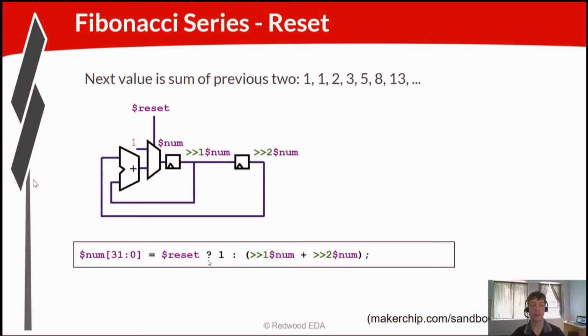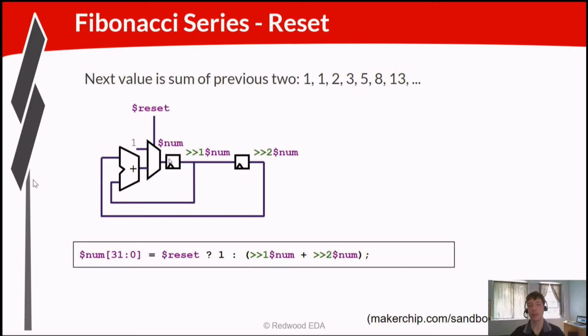And you're probably familiar with this, if not from Verilog, from C or JavaScript, etc. So this ternary operator is going to select 1 if reset, otherwise it's going to select this expression. And this expression is the sum of the previous value and the previous previous value.